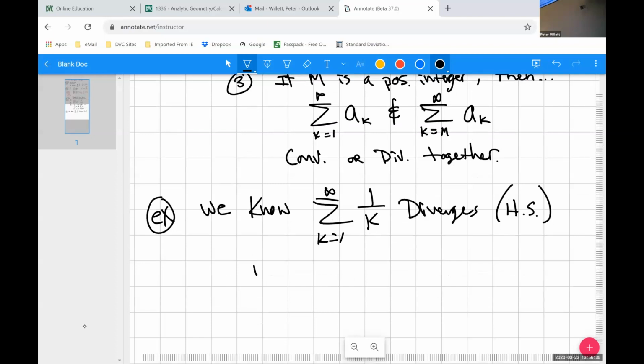So then the summation as k goes from, how about 1 million, to infinity of 1 over k also diverges.